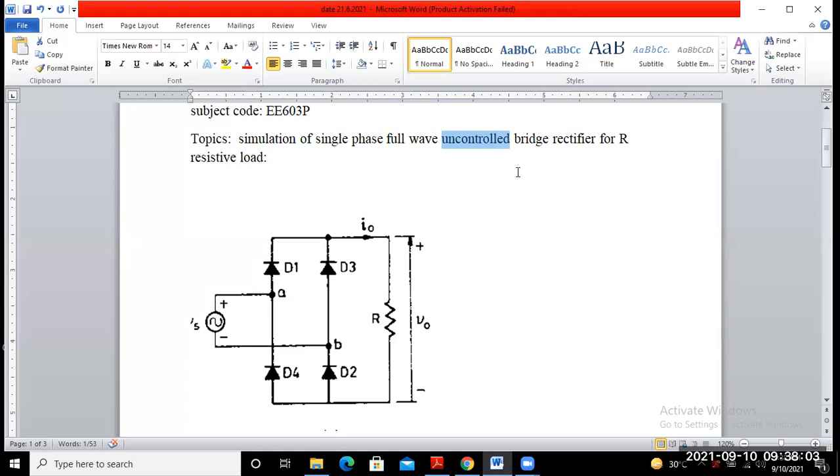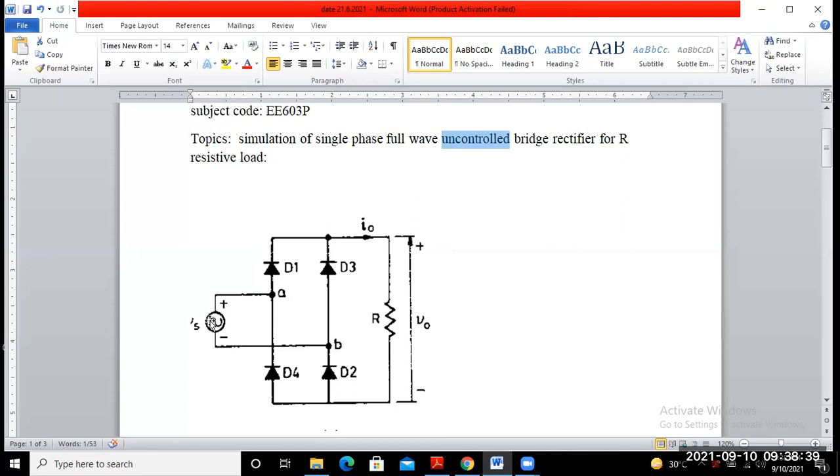In single phase full wave, you may also use the center tap type rectifier, also called the midpoint rectifier. For that rectifier we require only two diodes. But for the bridge type rectifier, the number of diodes required is four.